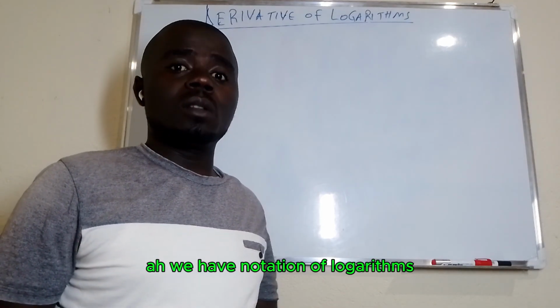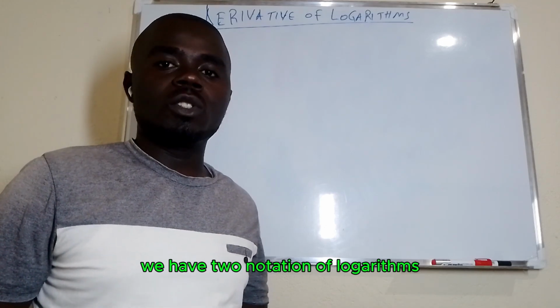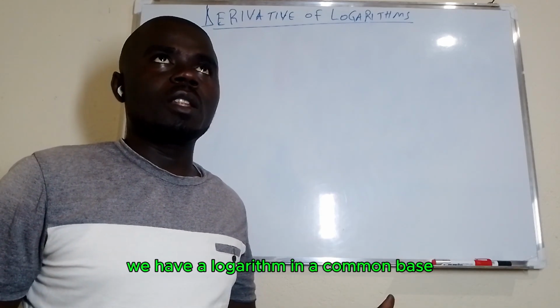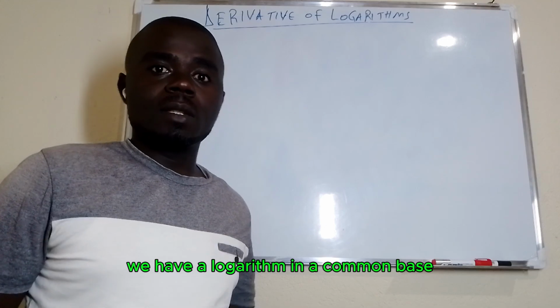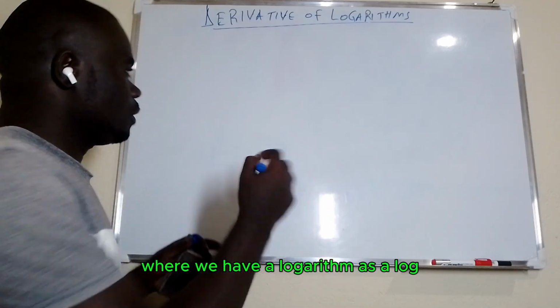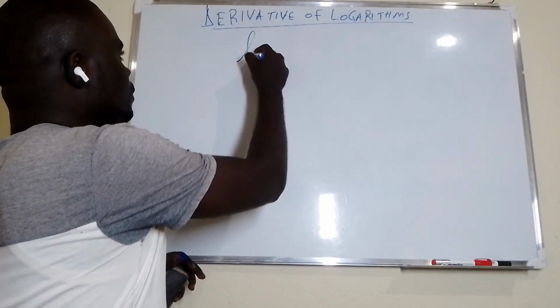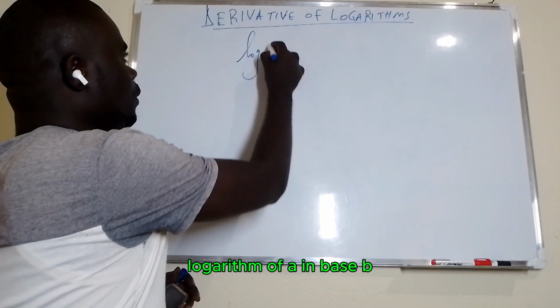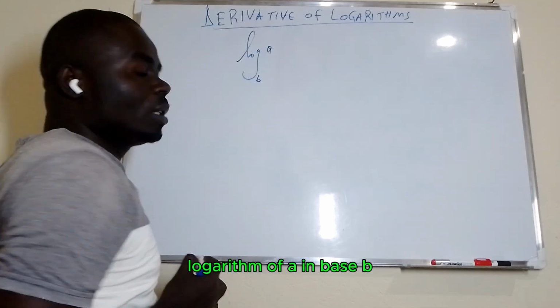We have two notations of logarithms. We have a logarithm in a common base, where we write log of a in base b.